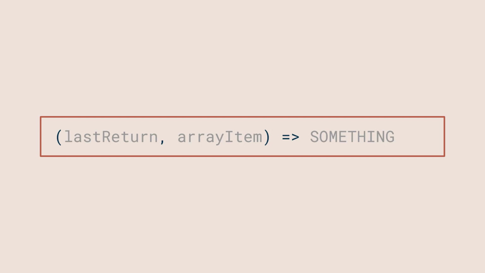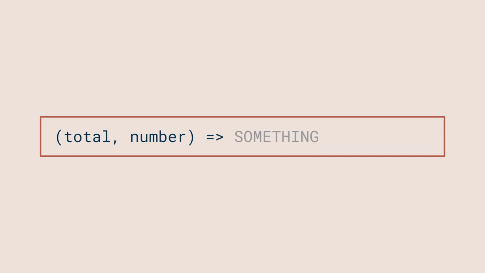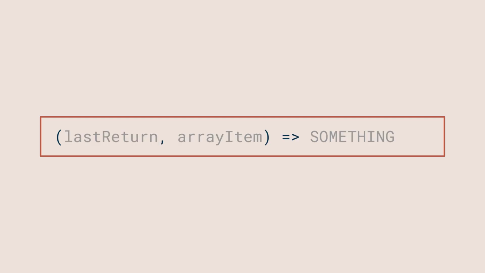Now, in this example function, I have called the two parameters last return and array item, but it's up to you to pick what you want those parameters to be named. Often in examples using reduce, they'll be named something like previous value and current value, or accumulator and value, or total and number. Right now, we're going to call them last return and array item to help us remember what goes into these parameters.